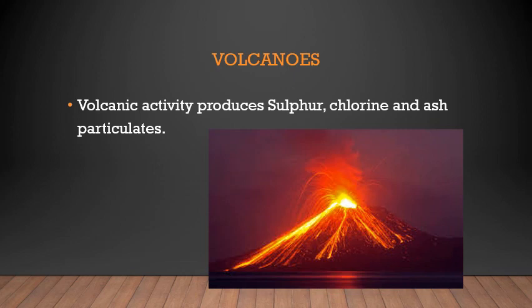They spread far and wide depending on how strong the wind is blowing. If the wind is blowing very strongly, then the spread of the sulfur, chlorine and ash particulates is very high.